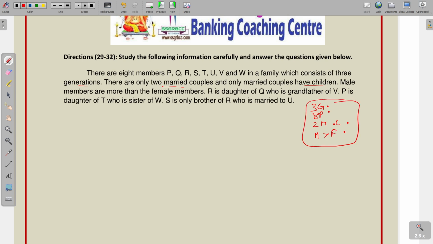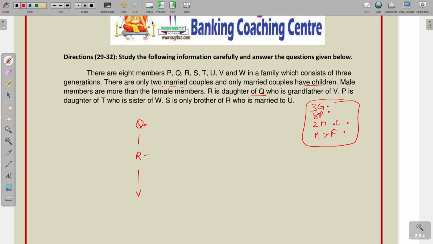So see the first one. R is daughter of Q, who is grandfather of V. So R is daughter of Q and Q is grandfather of V. Grandfather in the sense he is a male candidate, but we can't say V is the child of R. Okay, let's keep that aside for a while.